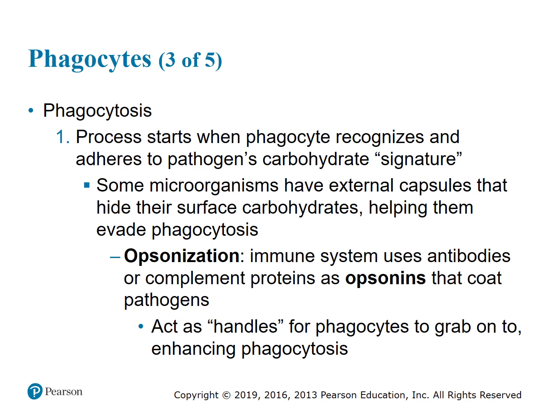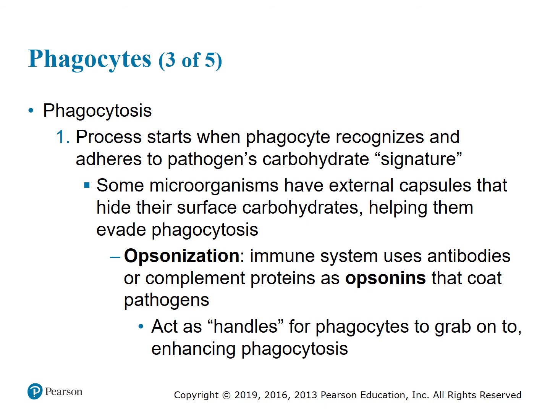Let's look at the process of phagocytosis. This is the process that starts when the phagocyte first has to recognize and adhere to the pathogen's carbohydrate signature. So it first recognizes that it's foreign, and then it's going to adhere to it. Some microorganisms have external capsules that hide their surface carbohydrates, helping them evade phagocytosis.